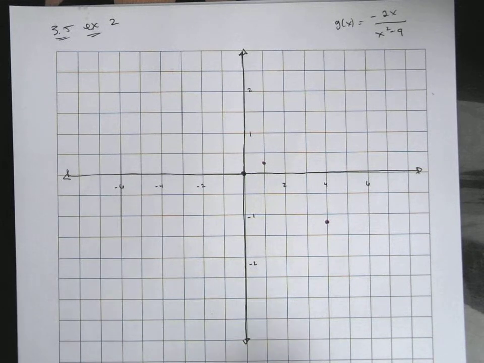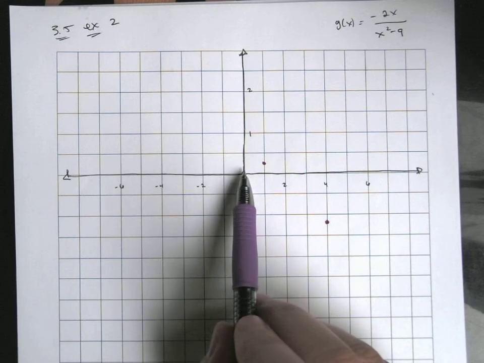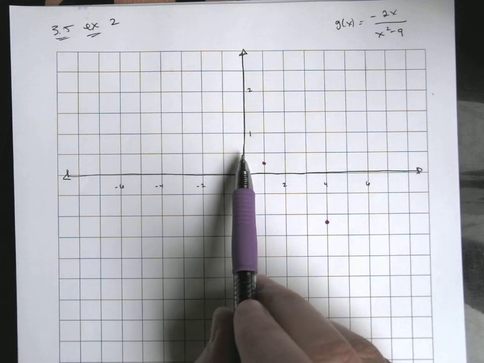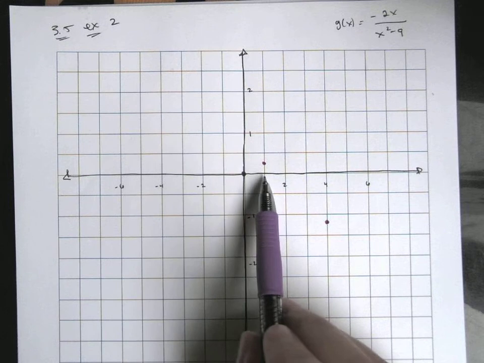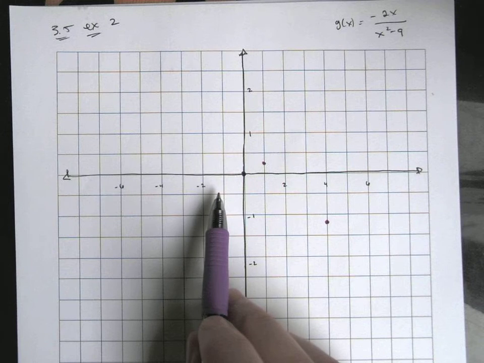I rescaled the y-axis a little bit, anticipating that we were working with some fractions in the y values. So this is 1/2 for every block on our y values, and it's 1 for 1 on the x-axis. Because this has origin symmetry, we have similar values if we go to our negative numbers, but we get slightly different points.